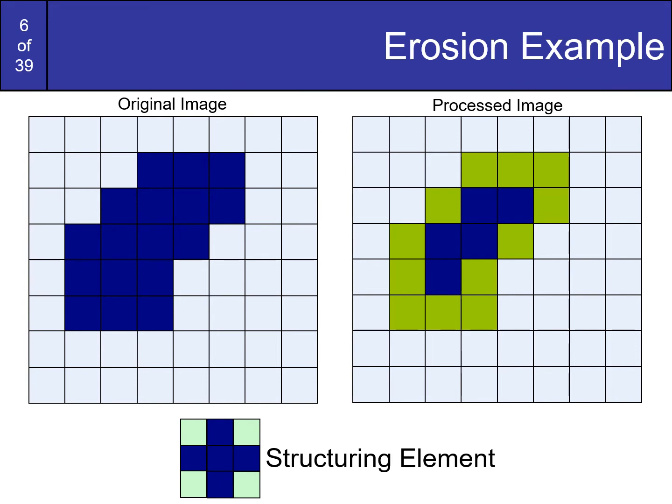This is the newly processed image, which we can clearly see has already shrunk from the original image. So this is the effect of erosion on an object in the original image.